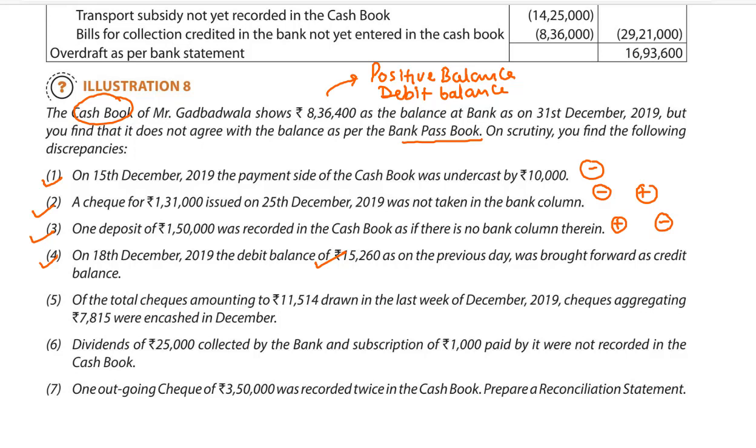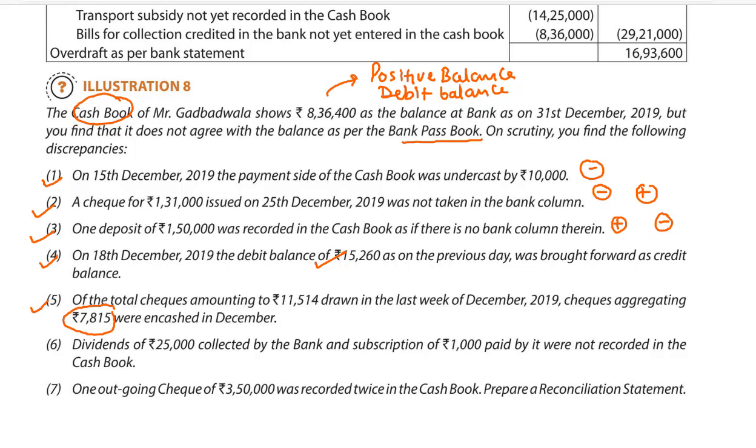Fifth, of the total checks amounting to 11,514 drawn in the last week of December, checks aggregating 7,815 were encashed in December. That means what? 11,514 minus 7,815, whatever is the figure, that figure is not encashed in the month of December.